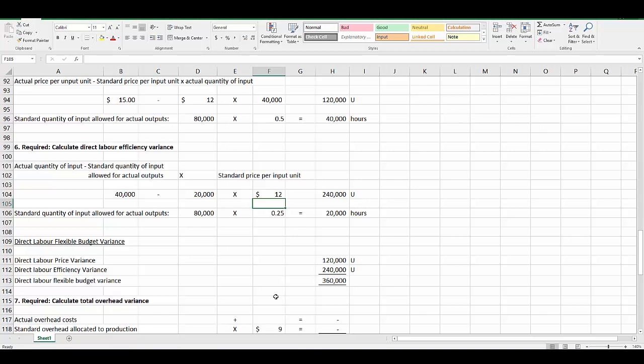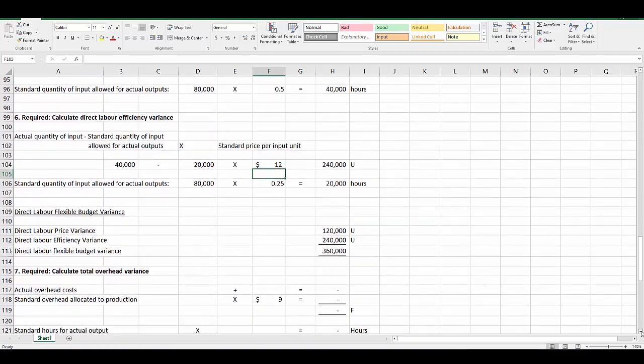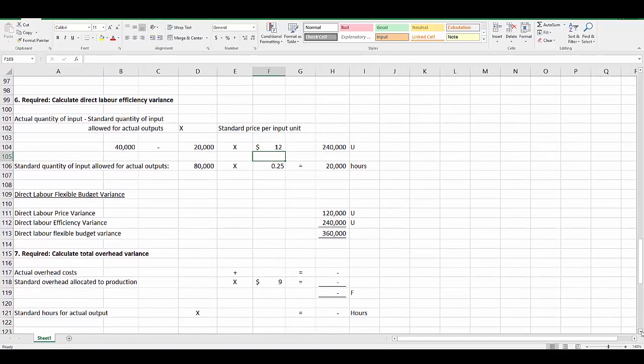Okay, so now we have completed the variances on our materials and on our labor. So the next couple of sections are going to entail looking at the calculations on any variances related to overhead. The first one we are going to look at here in part 7 is our actual overhead.